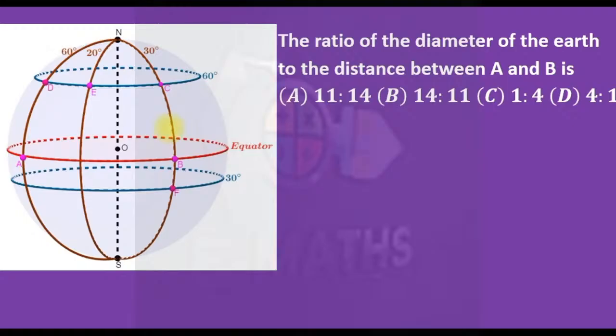So the radius of the equator is the same as the radius of the earth. So using our distance formula, we know that the distance AB is the angular difference. The longitude of A is 60, while the longitude of B is 30.